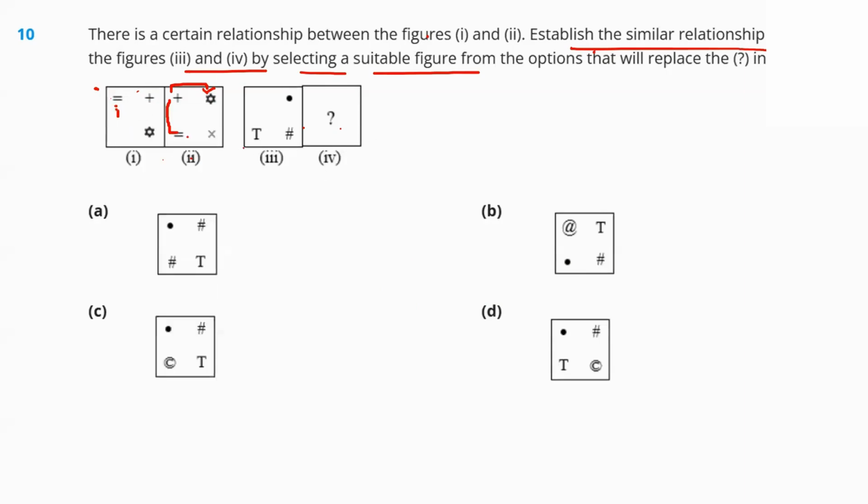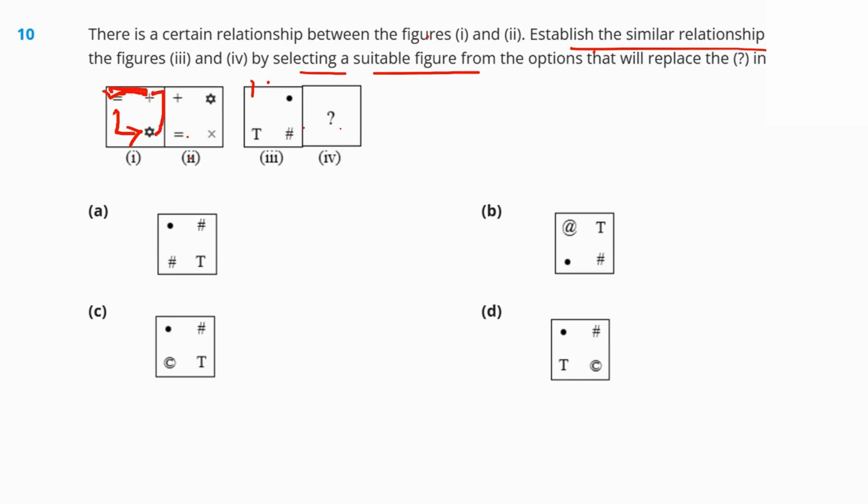So if we just start off with our second figure, in the first figure, we see the equals to is on the top left corner over here. It has shifted down. The plus has shifted here.